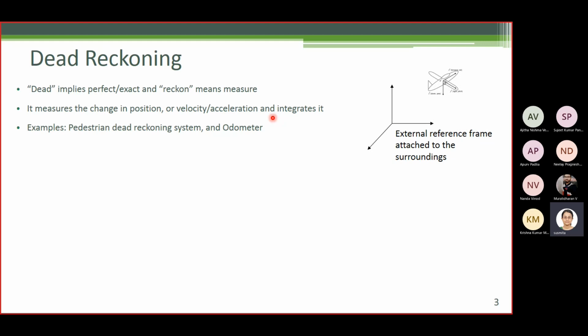We should also note that we need to add these two quantities, previous position and the change in position, vectorially, since they are vector quantities. In what coordinate frame do we have the previous position? Previous position means we need to select a particular body coordinate frame.